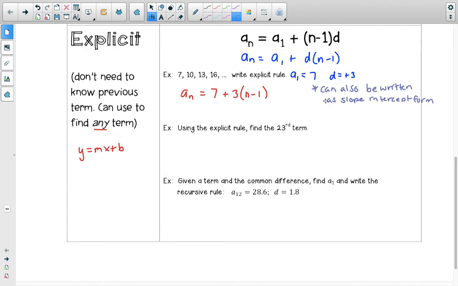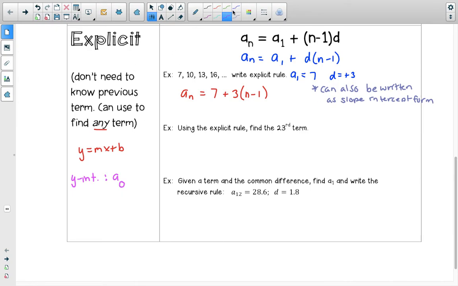If we wrote this as slope-intercept form, we have to know what our slope is, and what our y-intercept is. Our y-intercept is not the same thing as a sub 1. The y-intercept, to make a little note, is a sub 0, because it's when the x value is 0. We have a sub 1, so we actually need to know the term that would technically come before our 7.